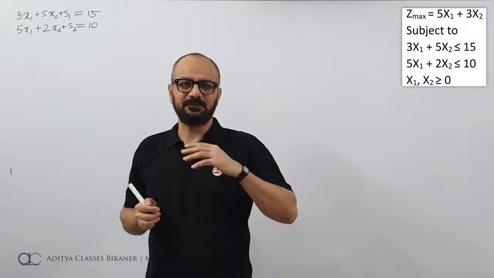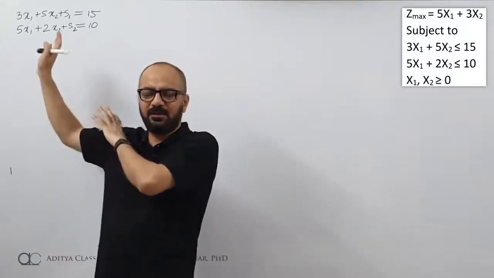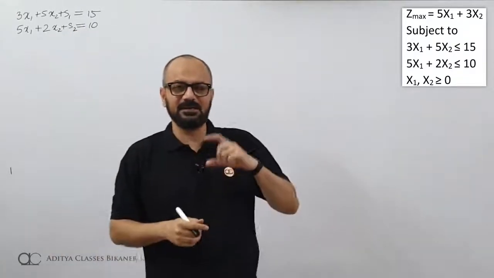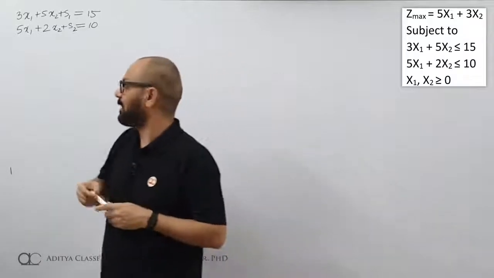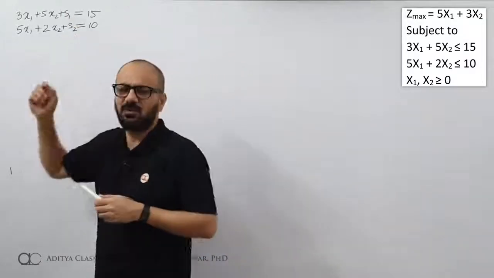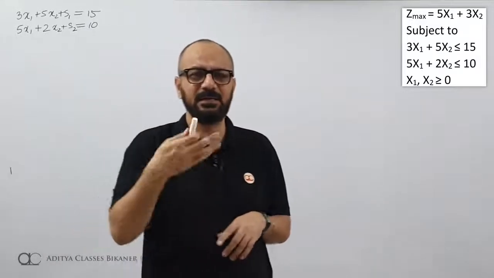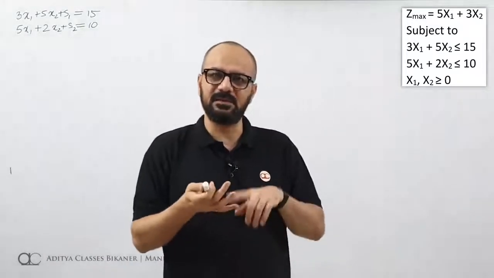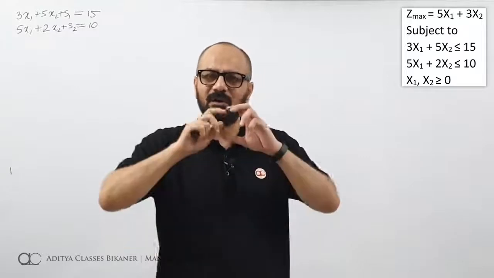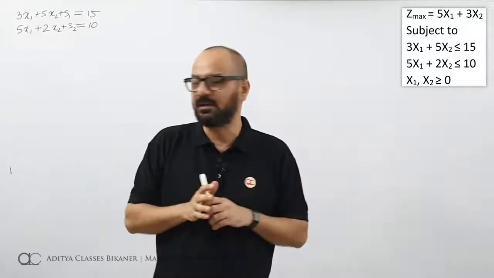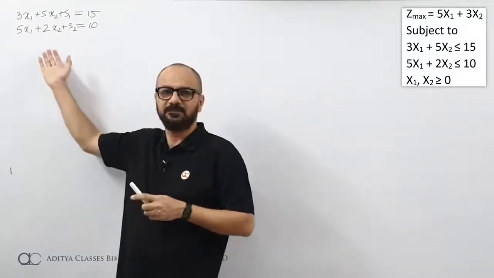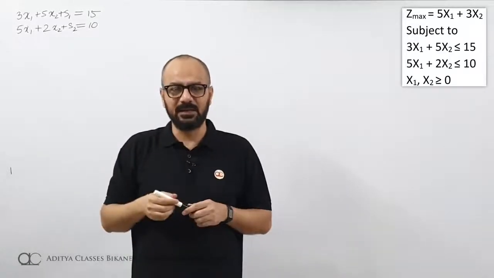First step was converting inequalities into equalities. Second step is adding these slack variables, all the variables. Right now we are only using slack variables. In days to come we might be using slack variables, surplus variables, artificial variables, whatever variables we are using. These are decision variables, and Z is our key variable.